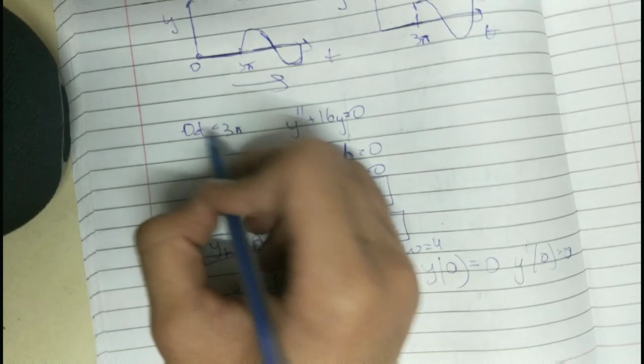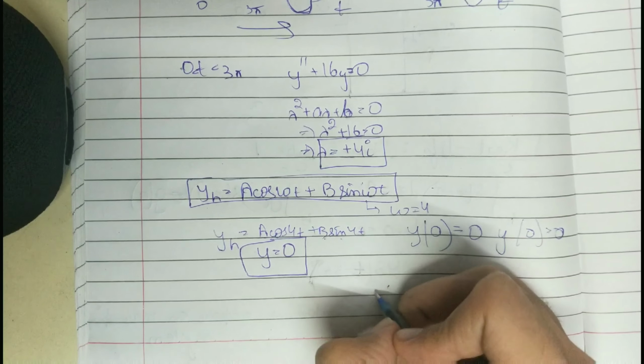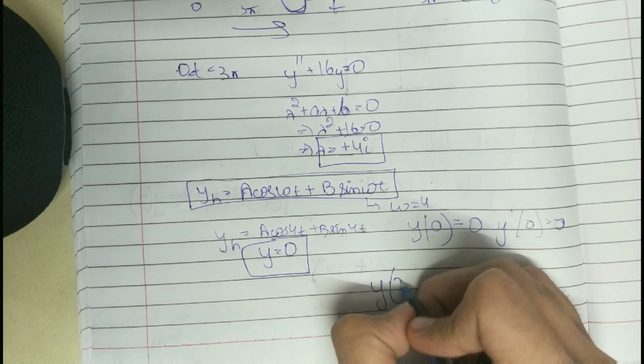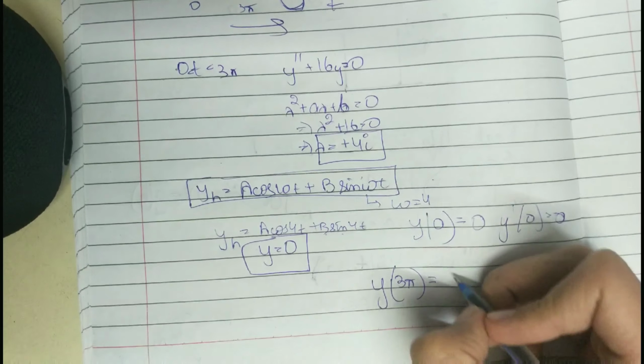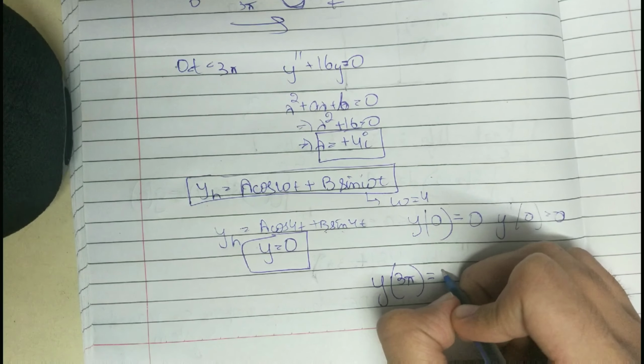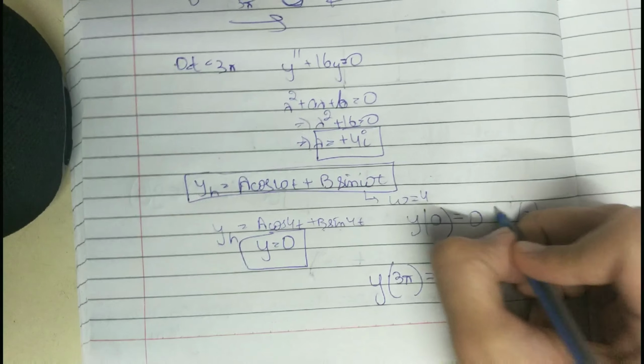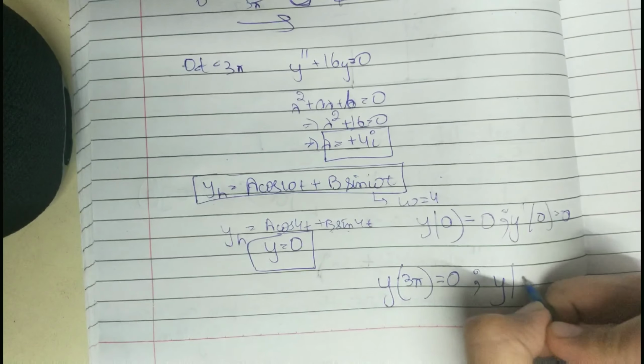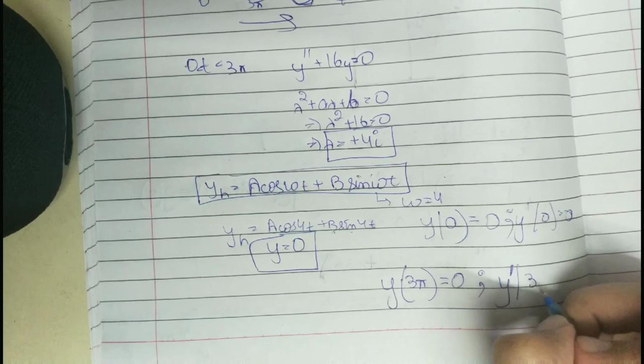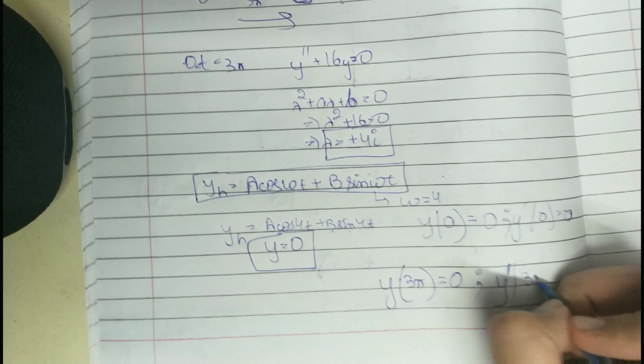But after 3 pi, after the force acts, the initial conditions that now start from 3 pi become something like this: at 3 pi the displacement is 0, but the mass spring system acquires a y derivative, the velocity, let's say v, right?